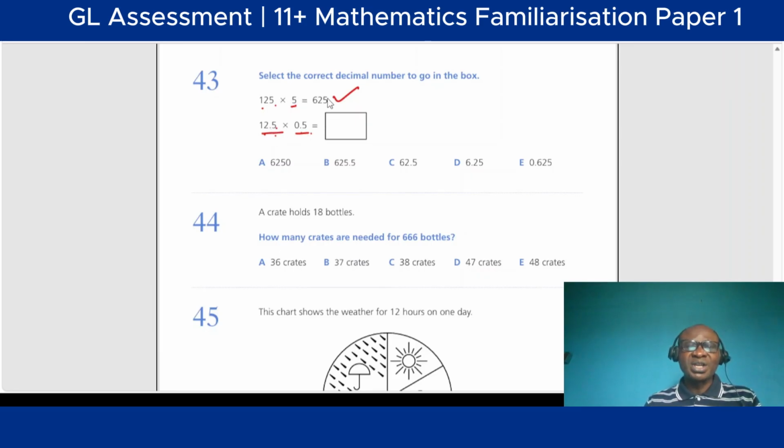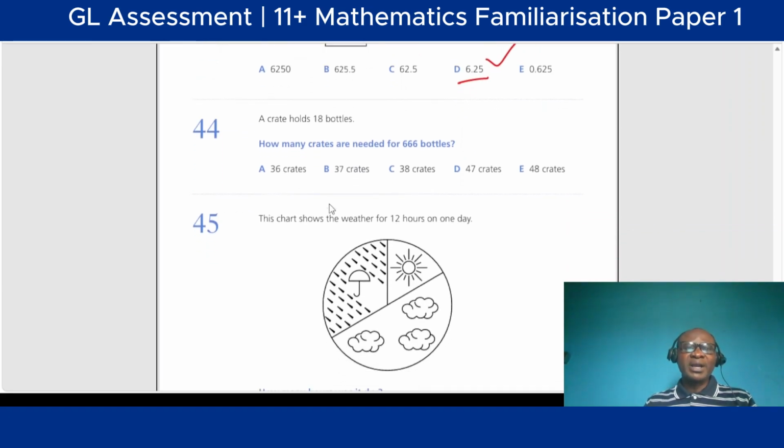Just come to 625 and move two decimal places backwards to get 6.25, because there is one decimal here and one decimal here, making our correct answer option D, 6.25. Let's go to question number 44. A crate holds 18 bottles. How many crates are needed for 666 bottles? Division. Divide this by 18.